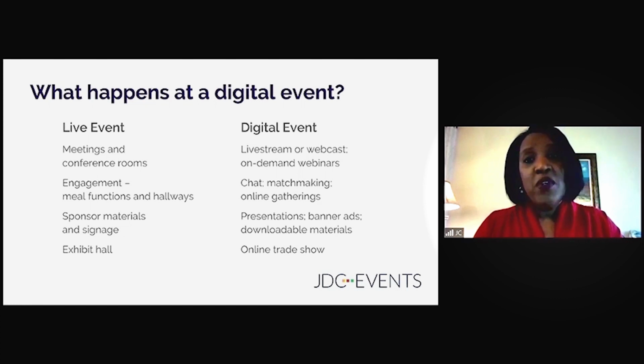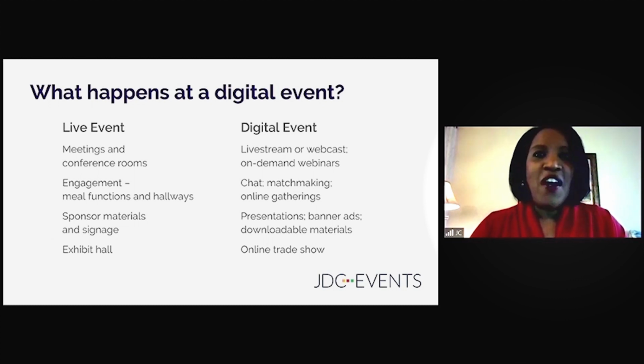And then, of course, you have your engagement. How do you engage? When I'm at a conference, I can sit next to somebody at a meal function, or I can bump into someone in an elevator or in the hallway. In the digital world, that can be the equivalent of a chat or texting or matchmaking or some sort of online gathering that's developed.